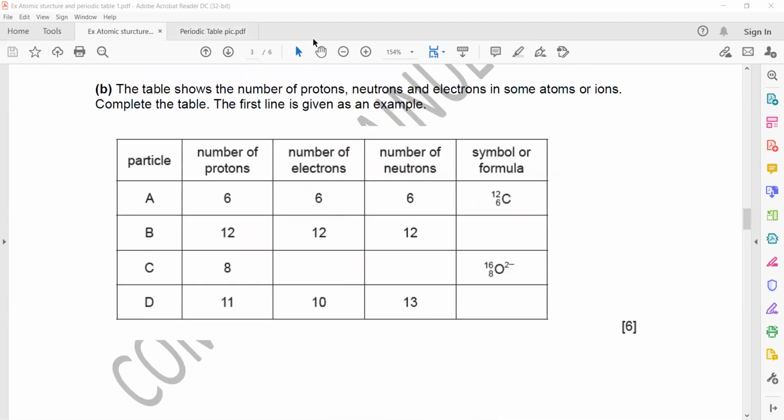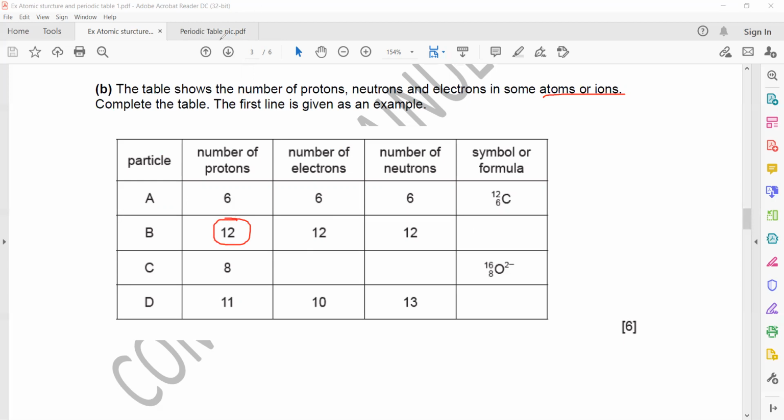Then in part B, the table shows the number of protons, neutrons and electrons in some atoms and ions. Complete the table. The first line is given as an example. Particle B: there are 12 protons, 12 electrons and 12 neutrons. From the proton number, first we identify the element.